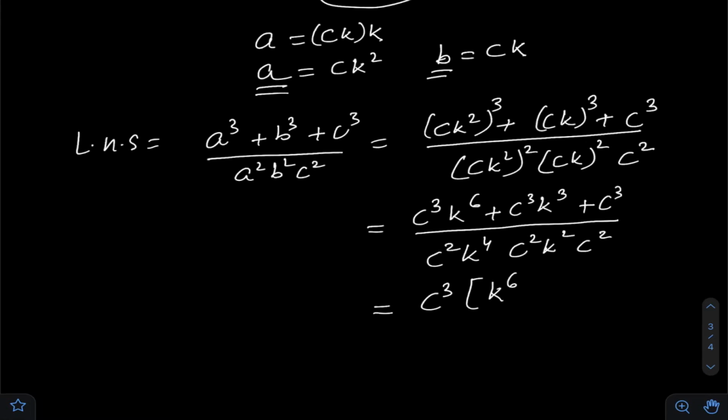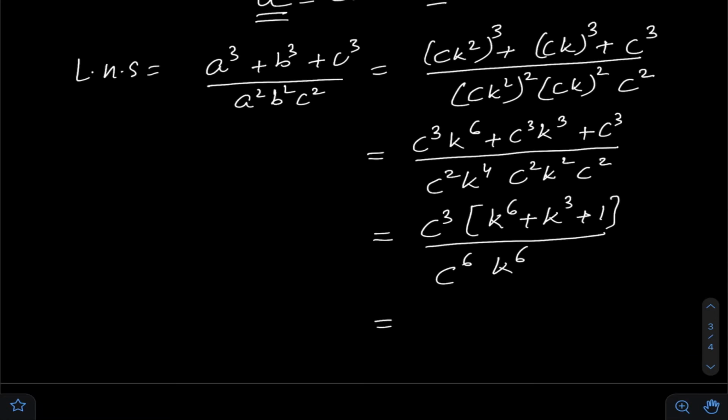So what is left inside? k to the power 6 plus k to the power 3 plus 1 over, now we have c to the power 6 and k to the power 6, and if you cancel them, what is coming? k to the power 6 plus k to the power 3 plus 1 over c cube k to the power 6. So this is left hand side of the question.